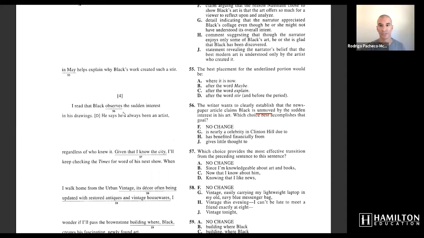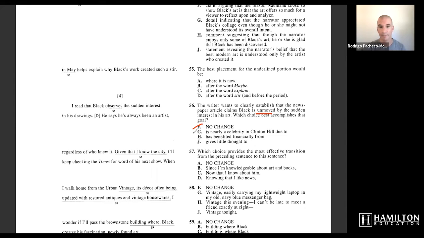This is a little bit more descriptive. There's no element about how Black feels about this interest, right? We want an answer choice that tells us that he doesn't really care, perhaps, that he's not very affected by it or affected at all. Unmoved. Okay, so we can eliminate F.